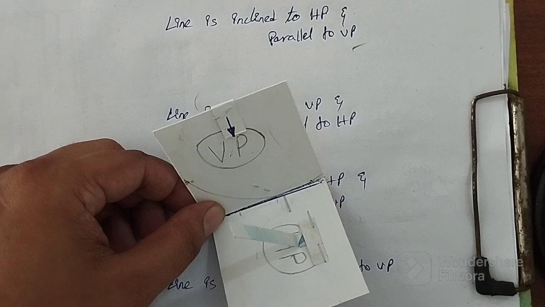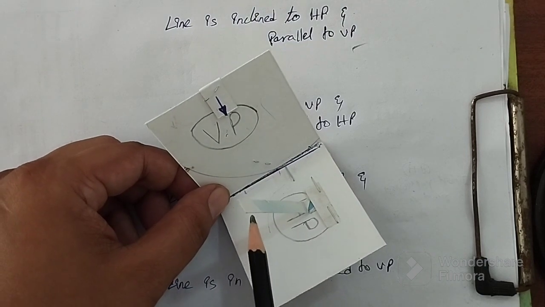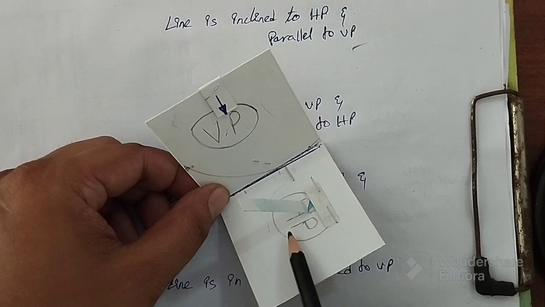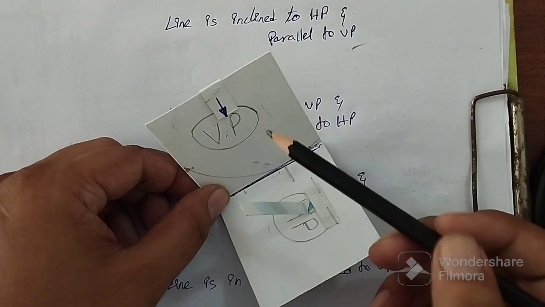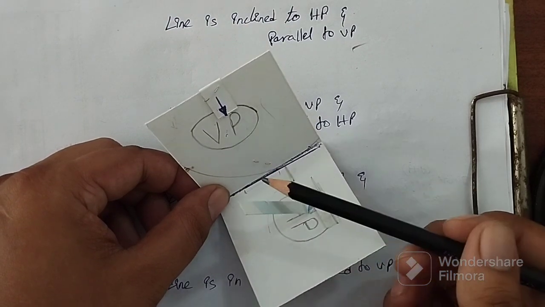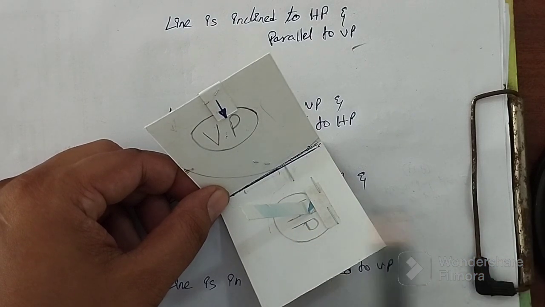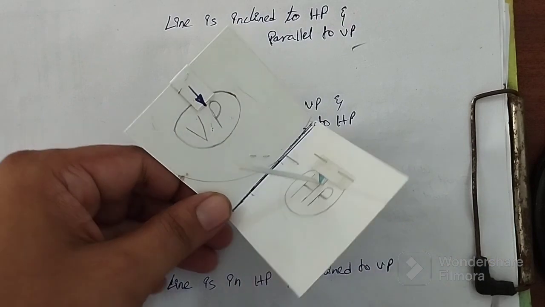If you look at this straight line, you could see that this straight line is inclined to HP but parallel to VP. See, it is inclined to a certain degree. If you look clearly, you can see that there is an inclination.